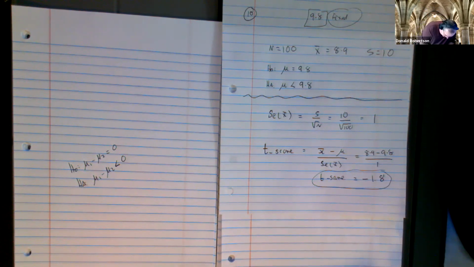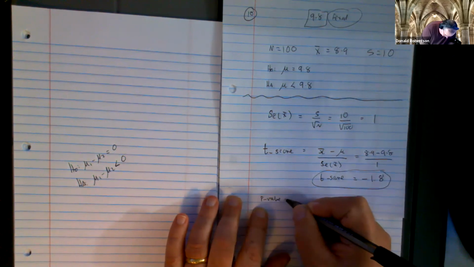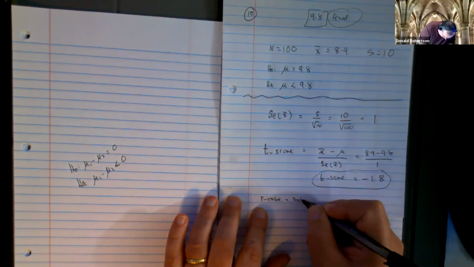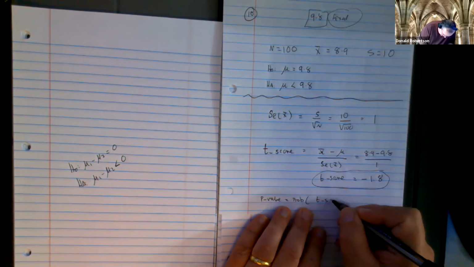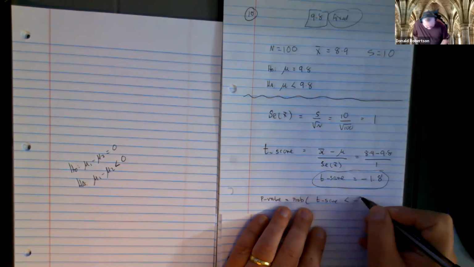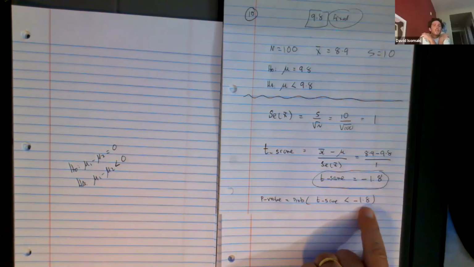So we get an echo here. Now, the P-value is the probability that you get a T-score less than negative 1.8. Why do I know it's less than this number, not more than? I have a question.